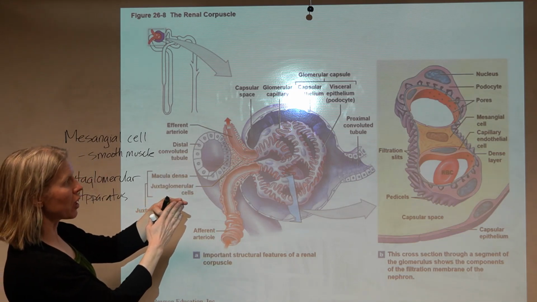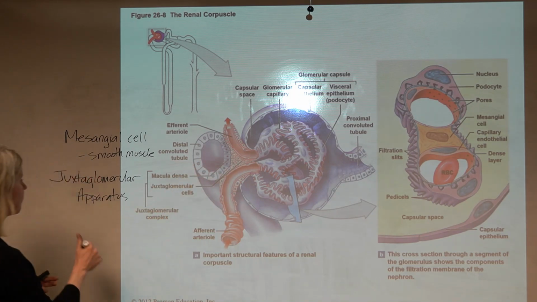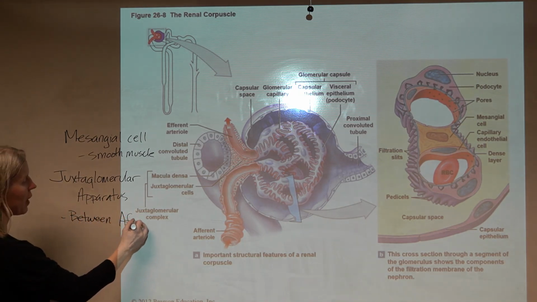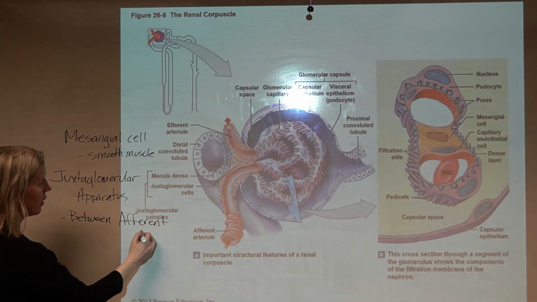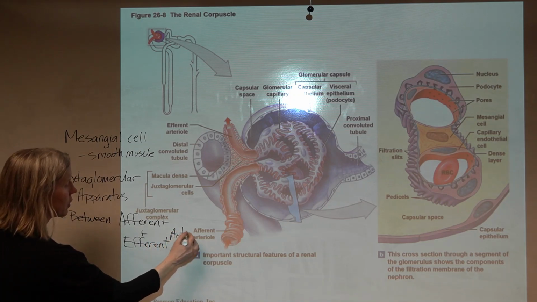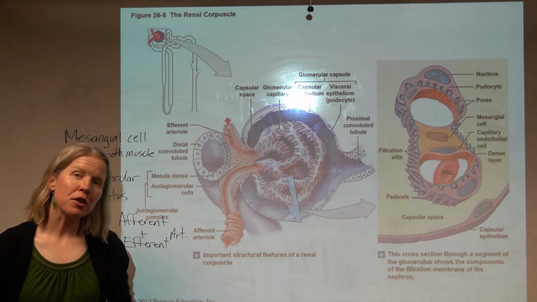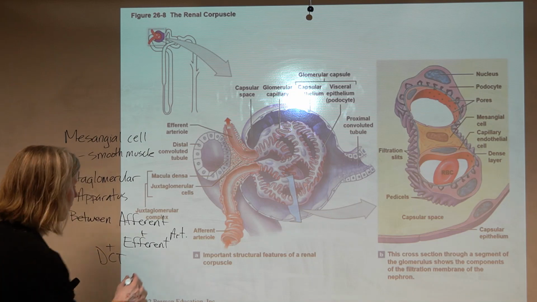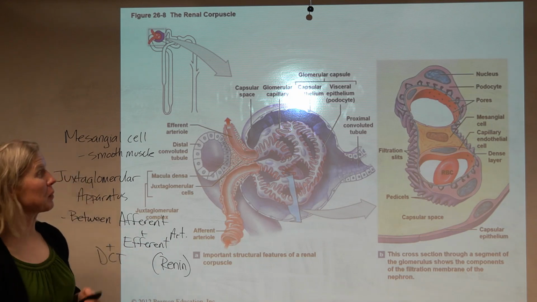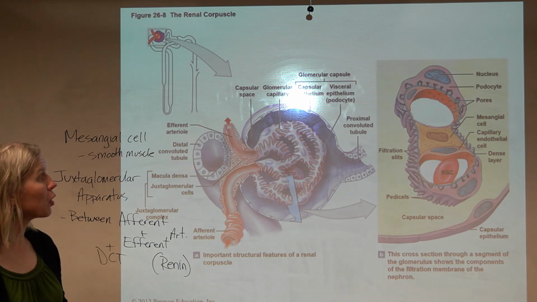So the juxtaglomerular cells are right here at the base of the glomerulus and also next to a DCT. So they're between the afferent and efferent arterioles and the DCT. Juxtaglomerular cells are where renin is made. Okay, so we will definitely be coming back to that. So I wanted to point it out because that's really happening here right at the glomerulus.